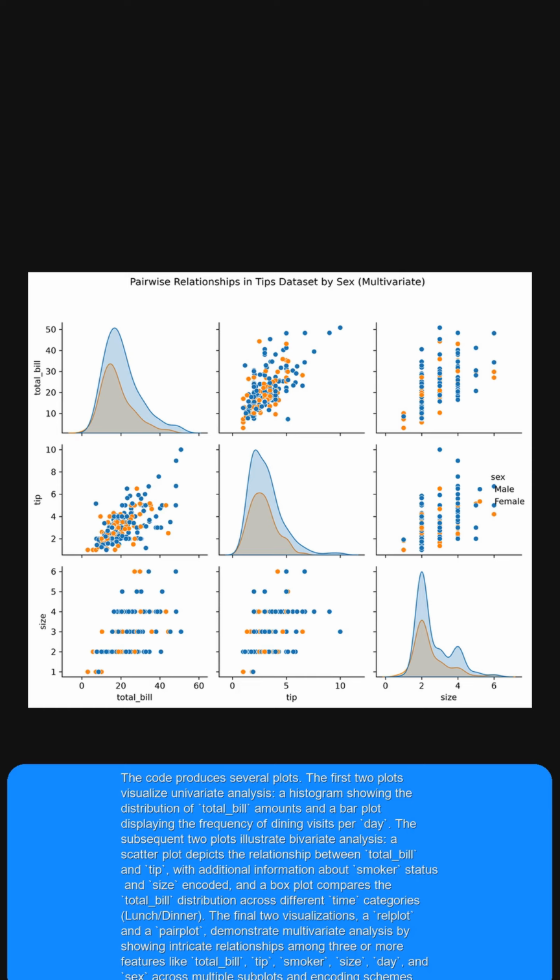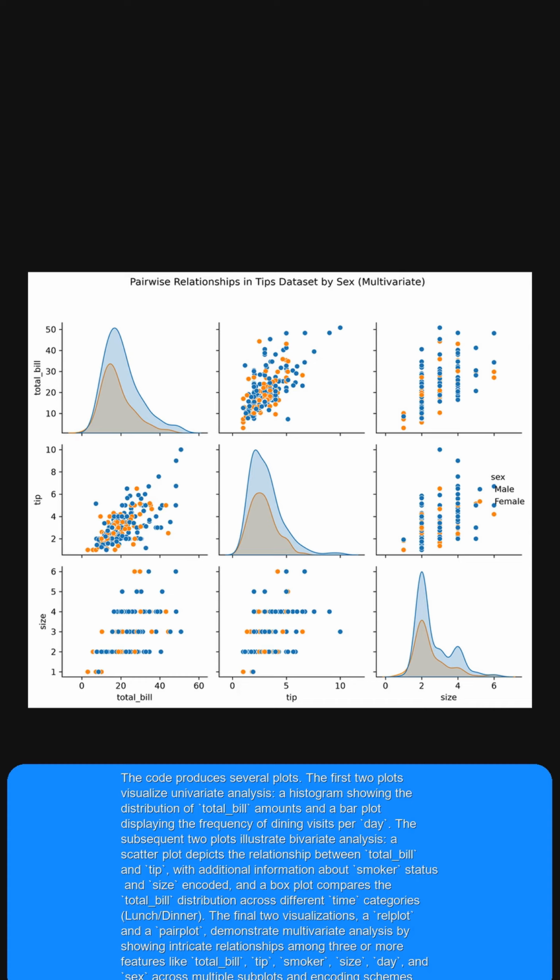A scatter plot depicts the relationship between "total_bill" and "tip", with additional information about "smoker" status and "size" encoded. And a box plot compares the "total_bill" distribution across different "time" categories.